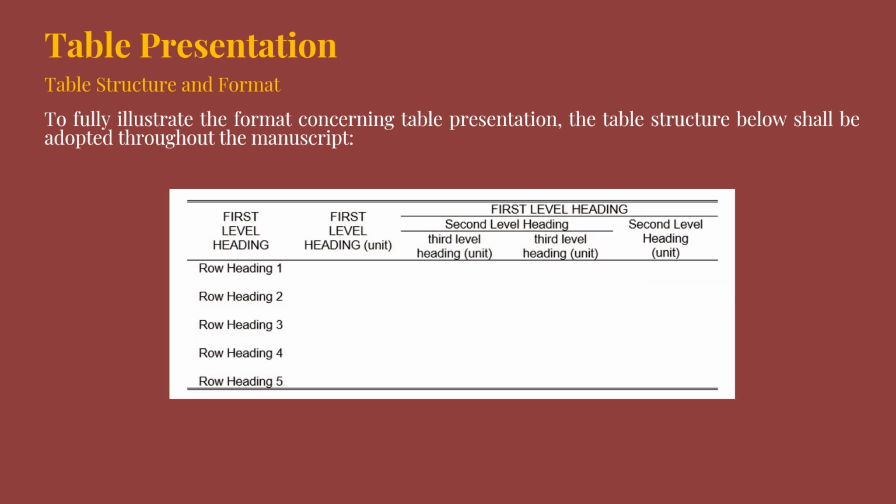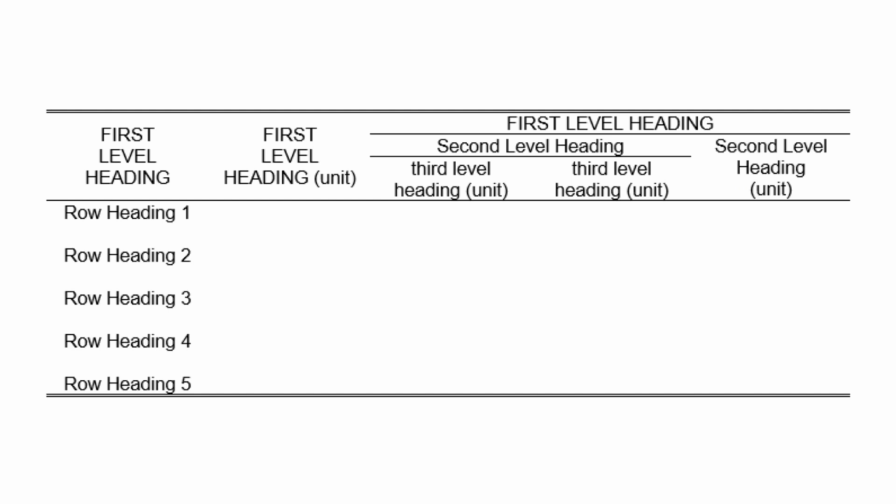So you have here the first level heading, the second level heading, the third level heading, and you also have the row heading. And you can also see here minimal lines used in the structuring of the table. So this is how it looks in a bigger form.